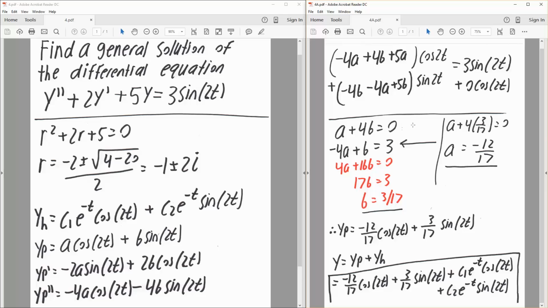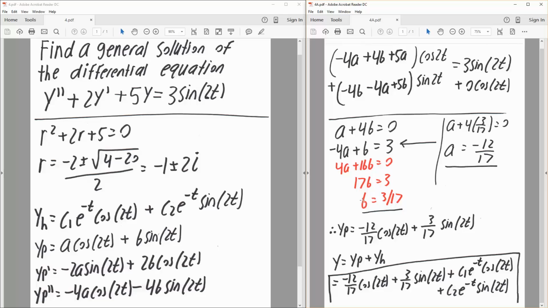And now we have two equations, right? We will use elimination to solve for a and b. If we multiply this line by 4, we get 4a plus 16b is equal to 0. This would cancel out a, and we would get b plus 16b, so that's 17b, is equal to 3 plus 0, which is 3.